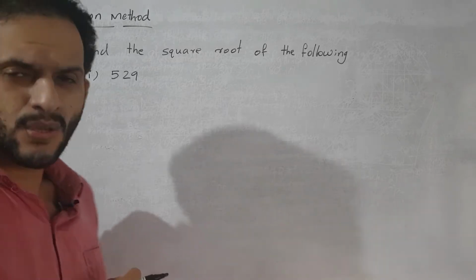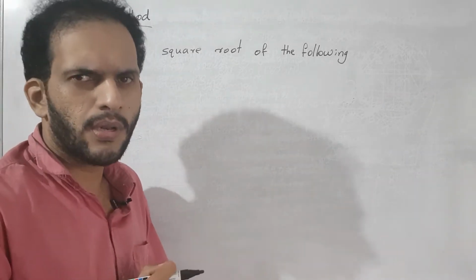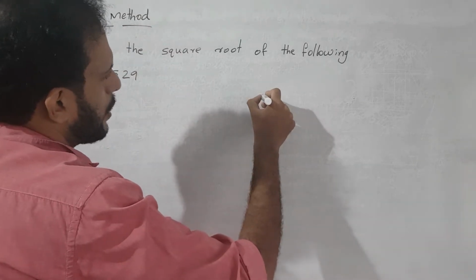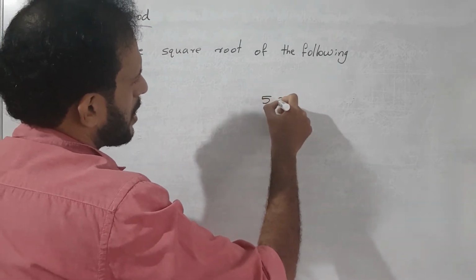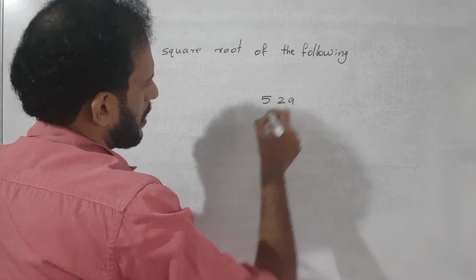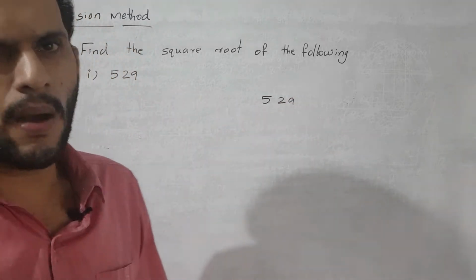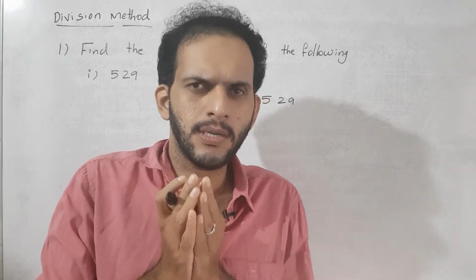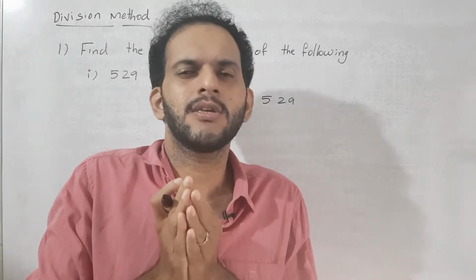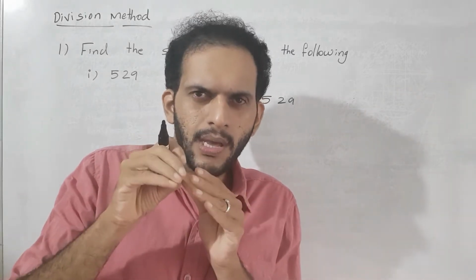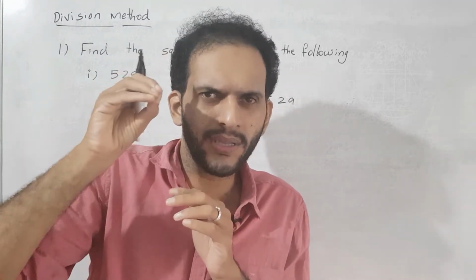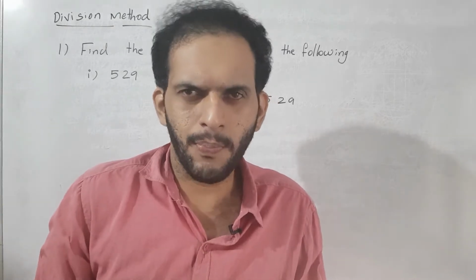For finding the square root of 529 by the long division method, first we group the digits by putting a bar over the digits, pairing them starting from the ones place.